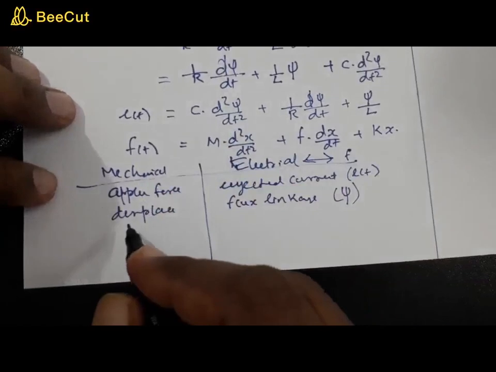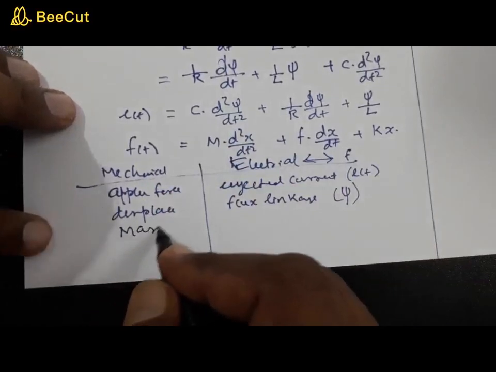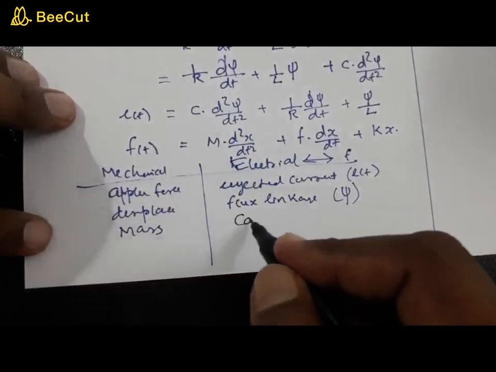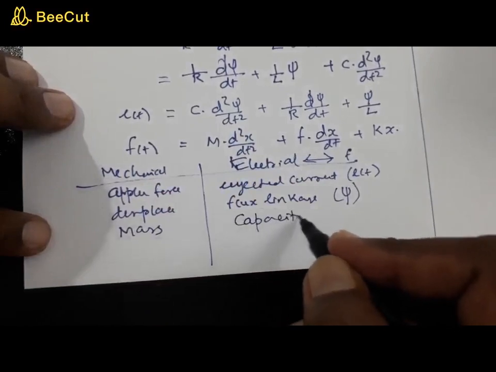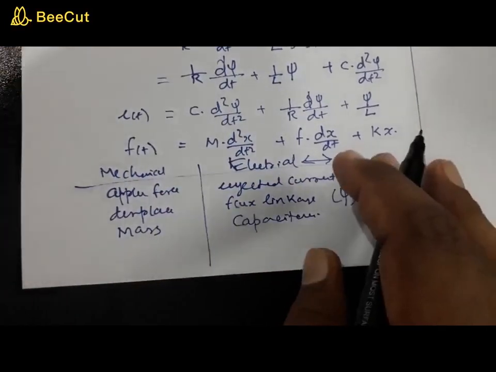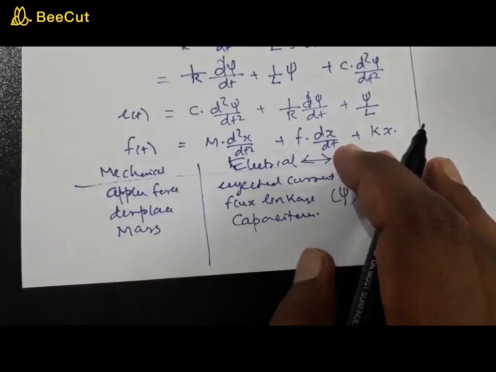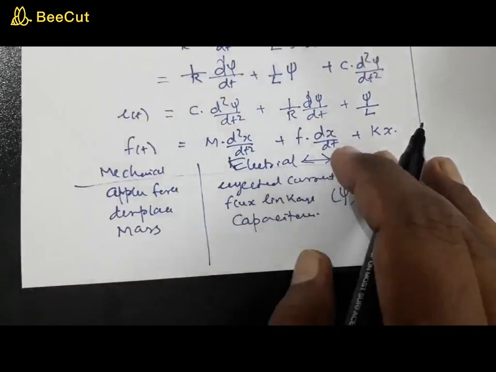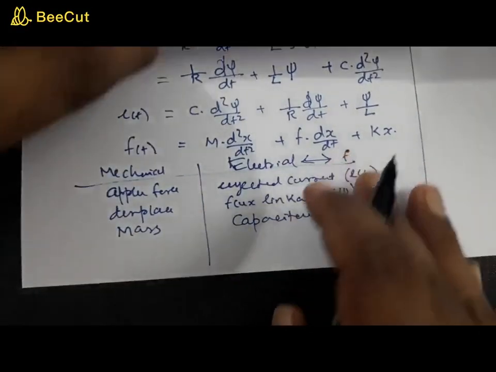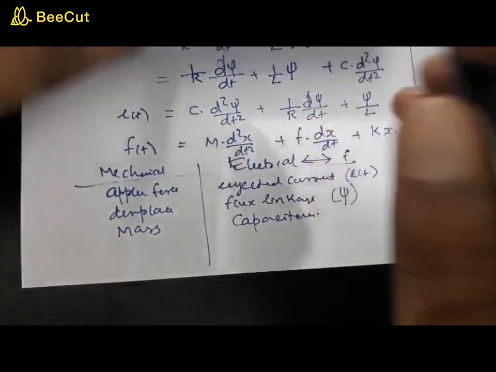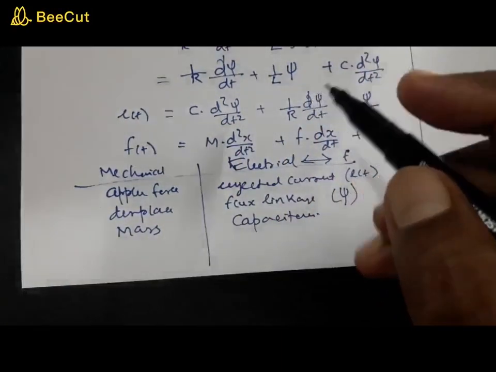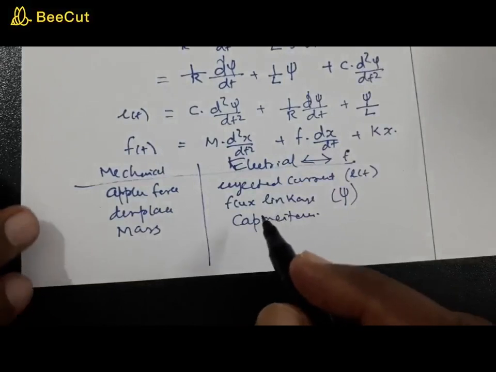Then what about mass? Mass is equivalent to capacitance in the force to current analogy, while we found mass to be equivalent to inductance in force to voltage analogy.